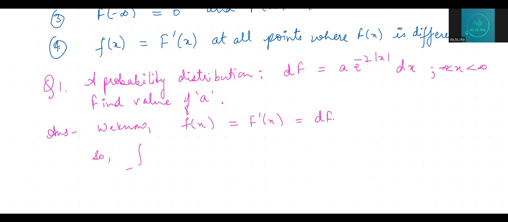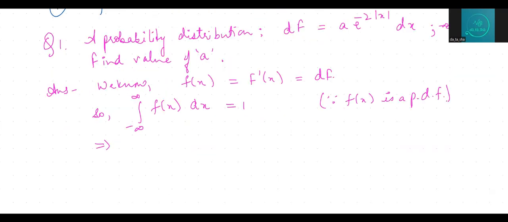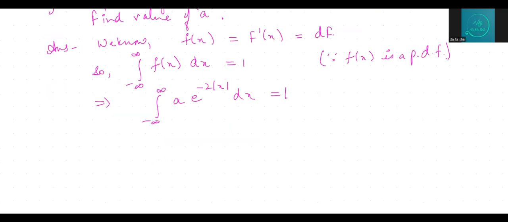So considering the same, I'll just take the integral from minus infinity to infinity of fx dx, which is equal to 1, because fx is a PDF. So just substituting the value of the function here, that is nothing but the integral of a times e raised to power minus 2 mod x dx is equal to 1. Now, because we have a mod x here, how can we break the integral?